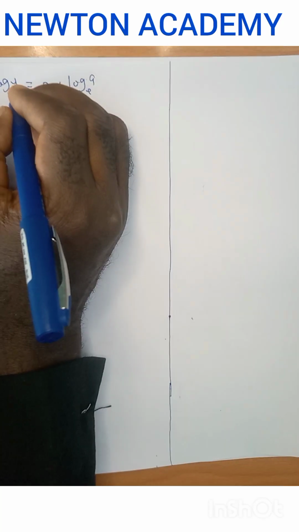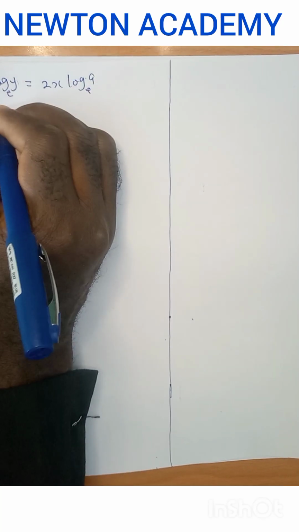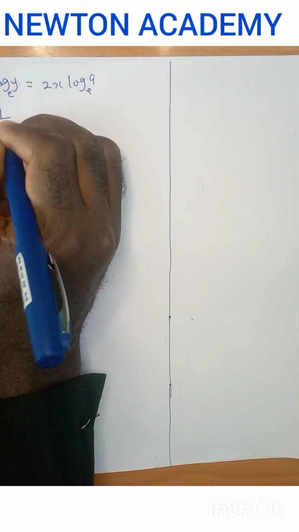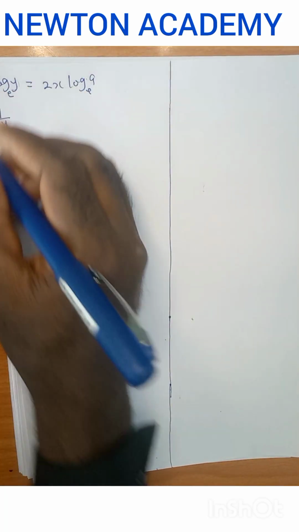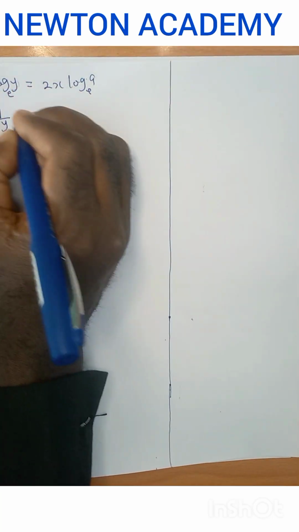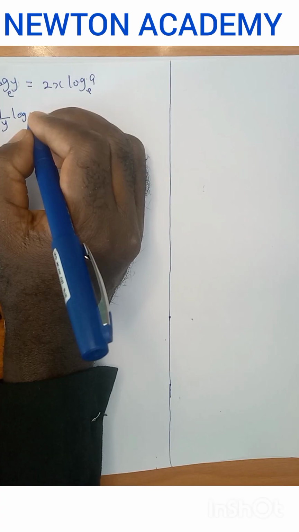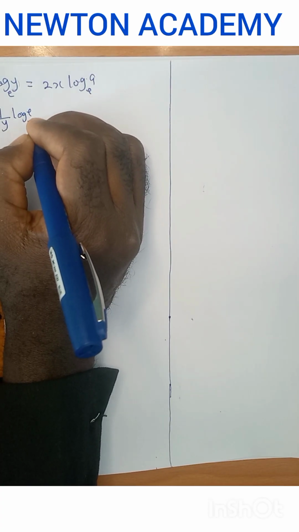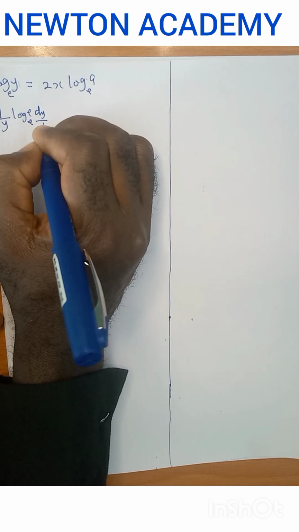When you differentiate log y, it will be 1 over the function itself, y. Now, log e base e will be 1, that one will go away. Because it is y you are differentiating, you put dy/dx.